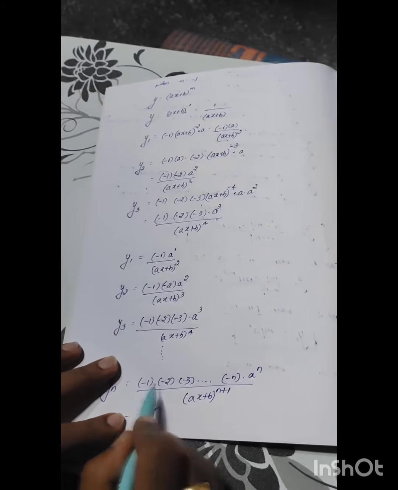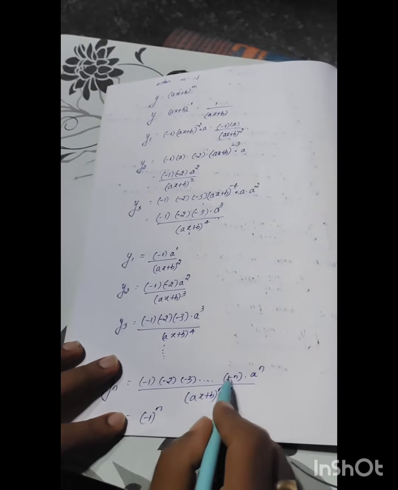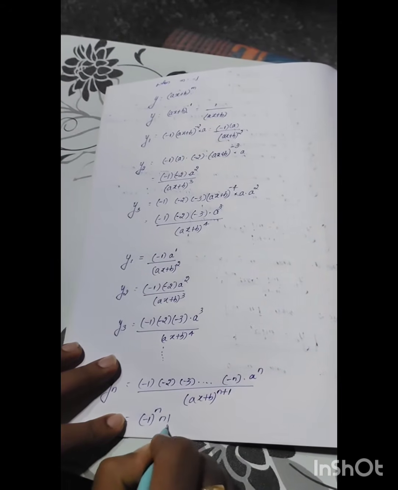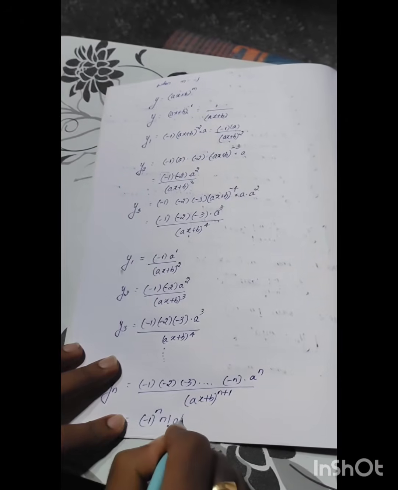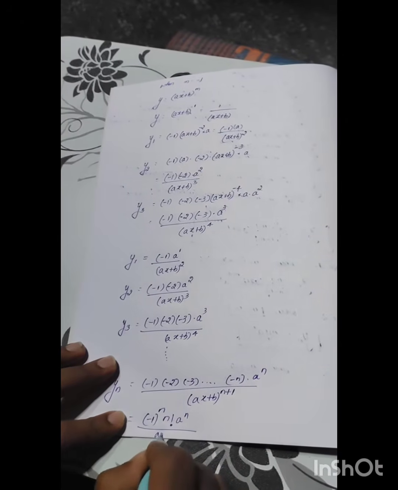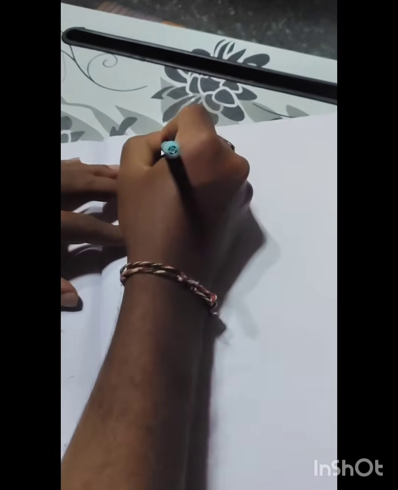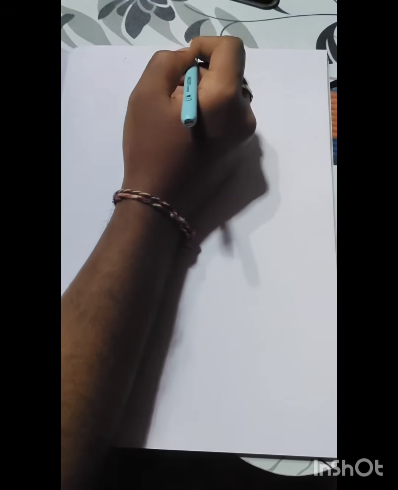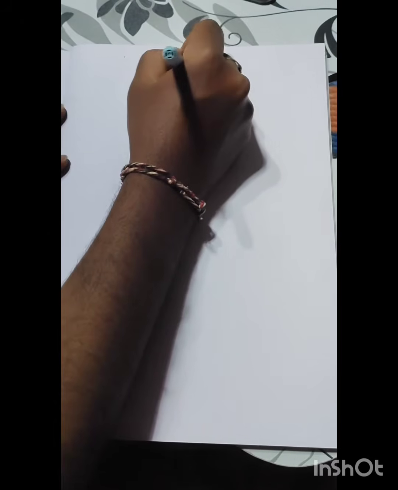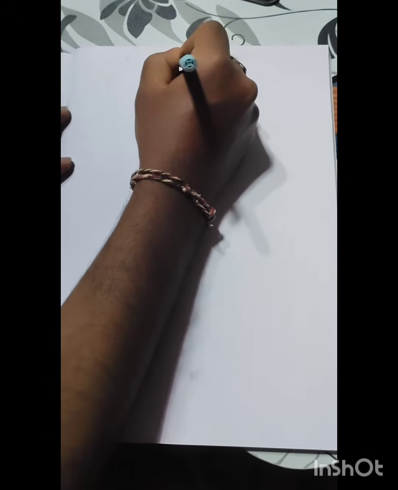And 1 into 2 into 3 into 4 into 5 up to n will become n factorial into a power n, written as it is, divided by (ax + b) raised to n plus 1. So therefore, y is equal to 1 over ax plus b.